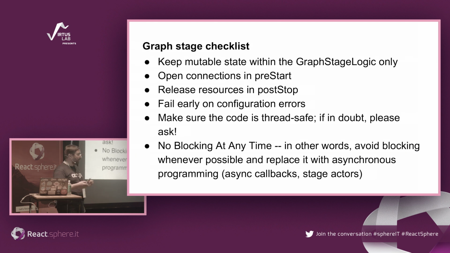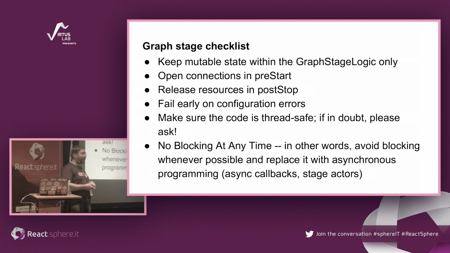And you need to do a graph stage checklist. Do not keep mutable state outside the graph stage logic. Open your connections in preStart, release resources in postStop. We know that from, let's say, C++: that's a basic constructor-destructor thing. You're using external resources, so you need to be wary of that, and your stage needs to manage those resources.